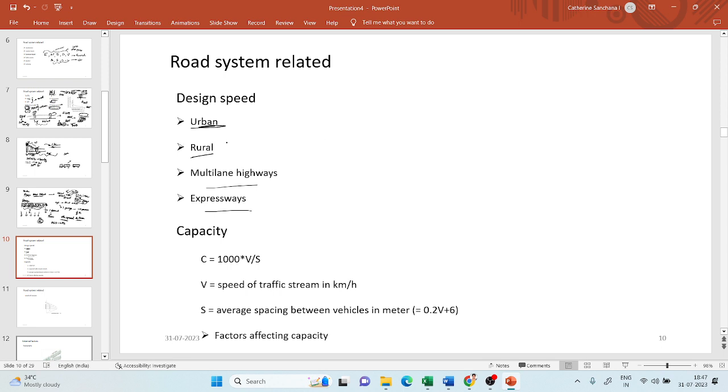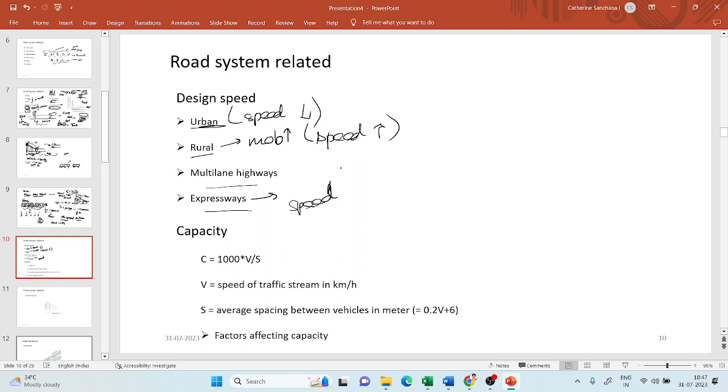As I said, if the roads are rural roads, the mobility is high, so the speed is high. For urban roads, the speed is low. For expressways, the speed is very high. And there are IRC codes which will tell you for what speed the road should be designed.